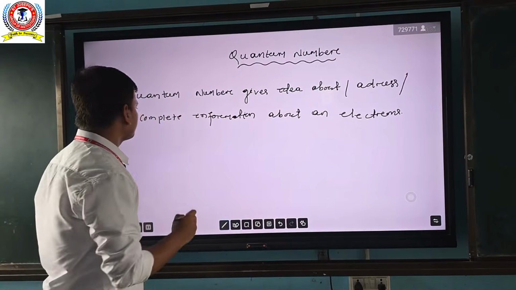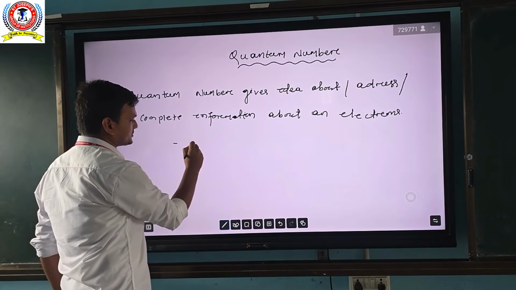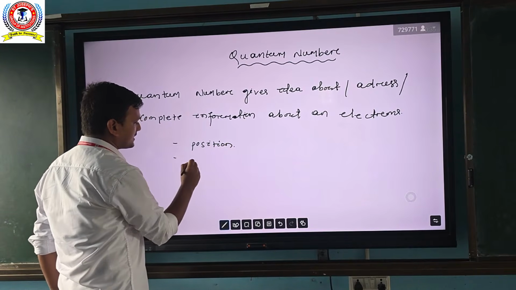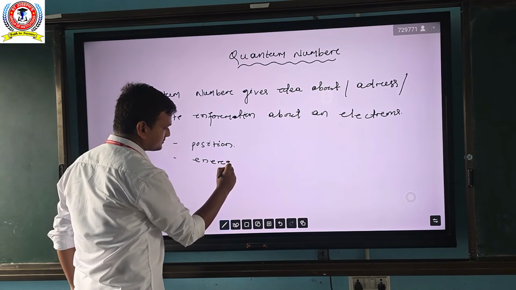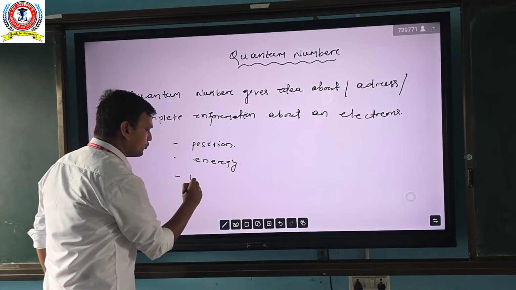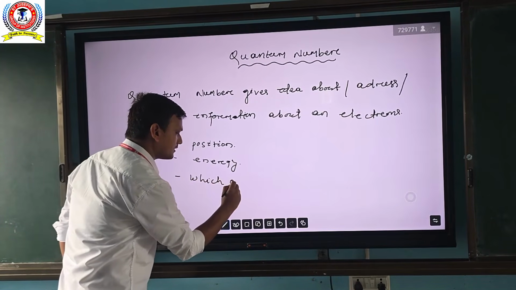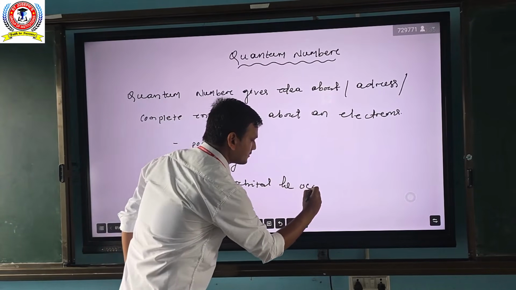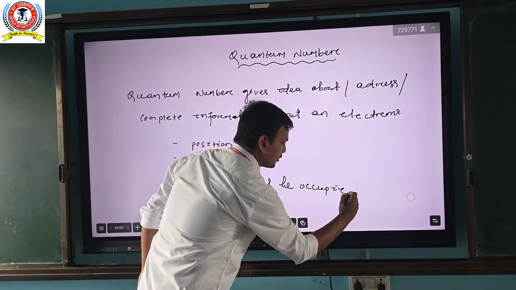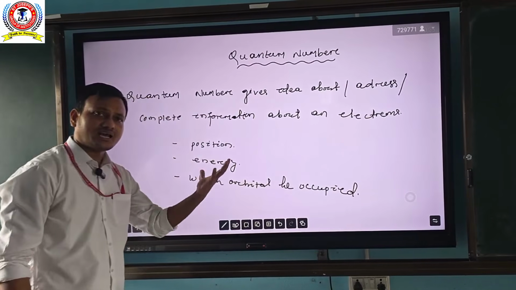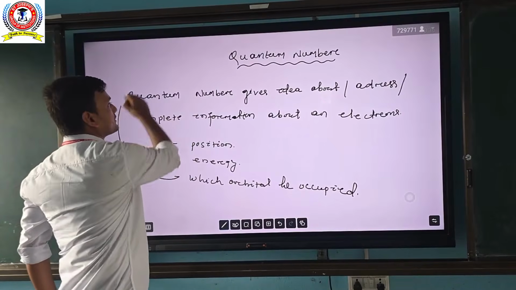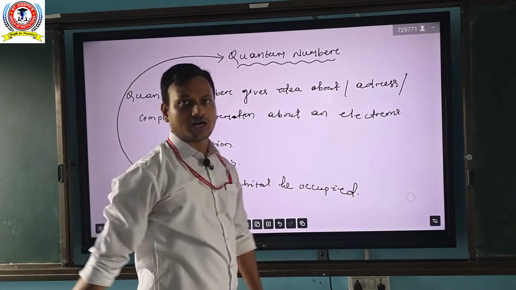Address means position and their energy, and which orbital he occupied. There are different kinds of data which can be given by the term quantum number.